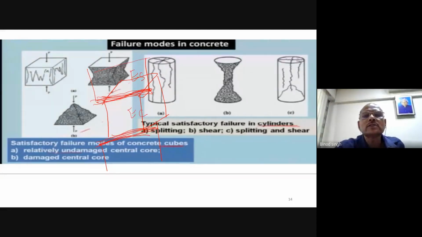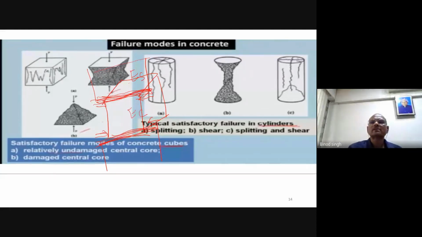Due to this friction, this will not expand equally. There is a force here, so it will not allow it to expand. So this part of the concrete at the top and at the bottom is confined. Once this portion is confined, that is going to give you a higher result than the actual result. So in design, we take care.